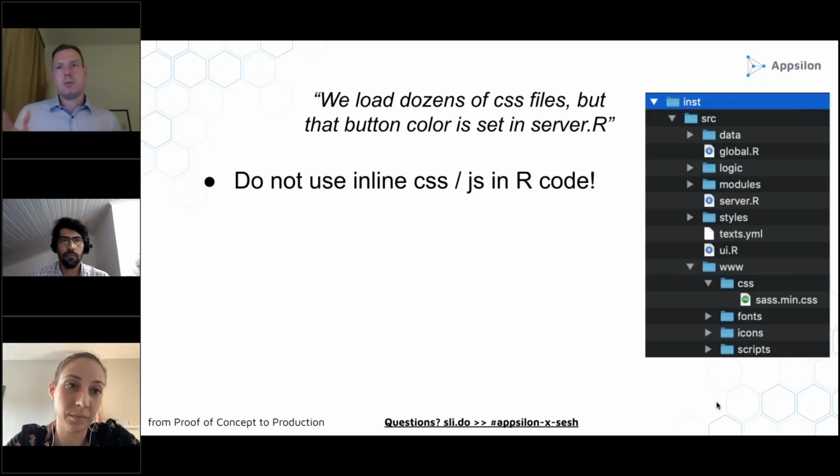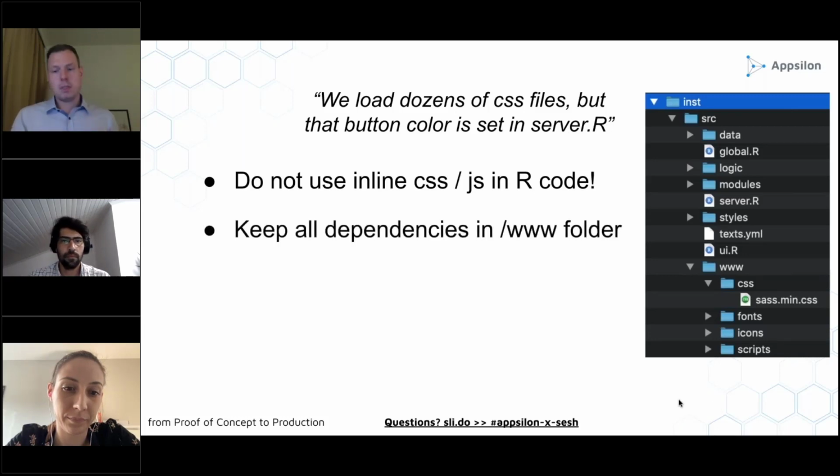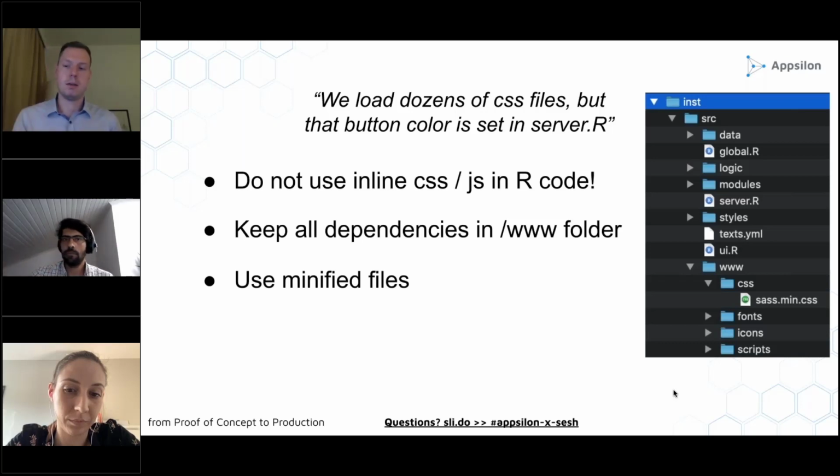So when you start implementing this, keep it all clean and separated from other parts. Do not use it inline in the R code. It's very tempting because it's a quick solution, but it will create a lot of mess. Keep your dependencies in the www folder so that they are automatically loaded to the application. Use minified files. As you can see here, the CSS minified files that we use are based on Sass technology.